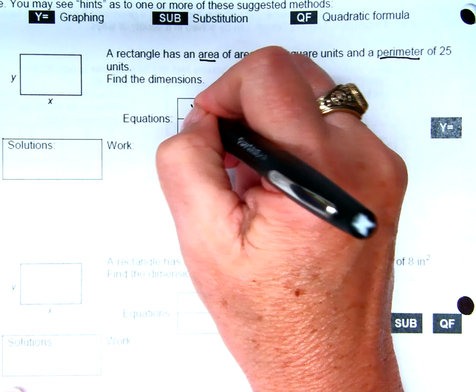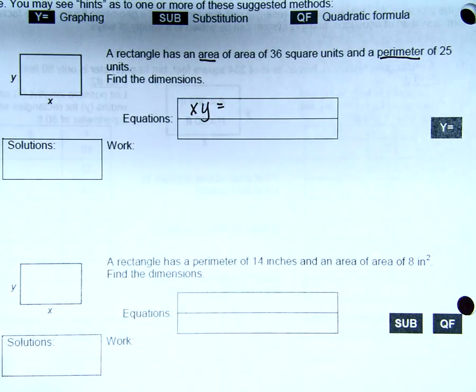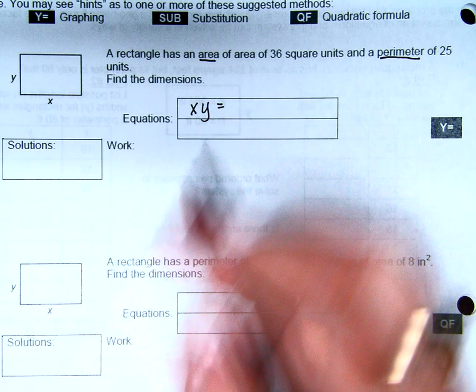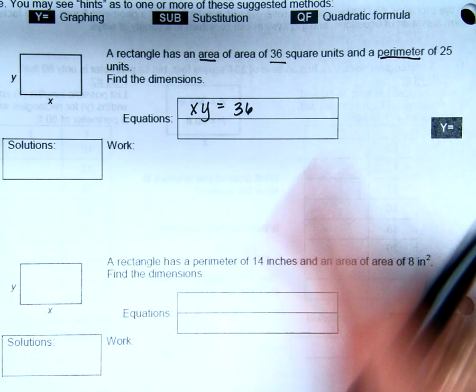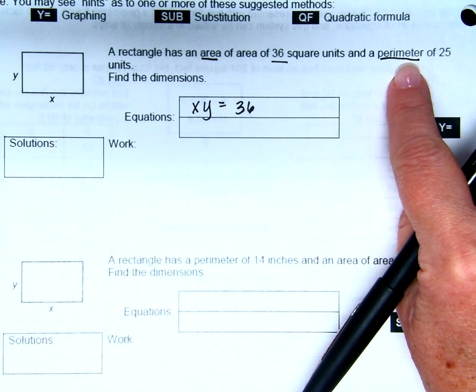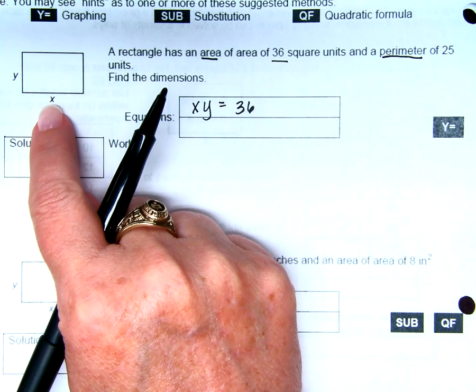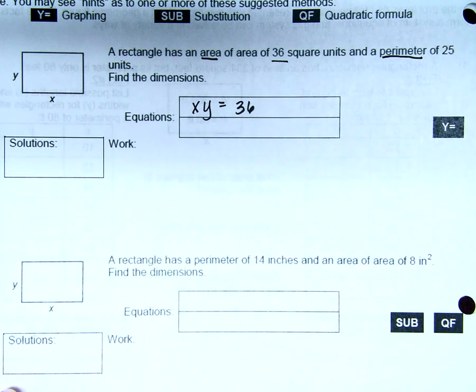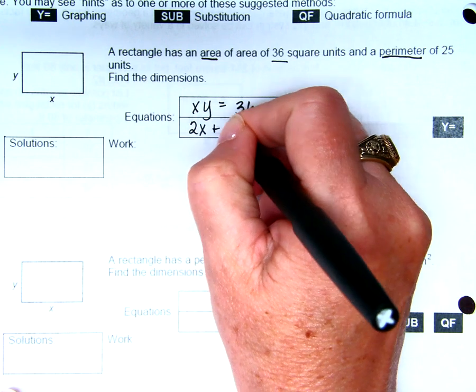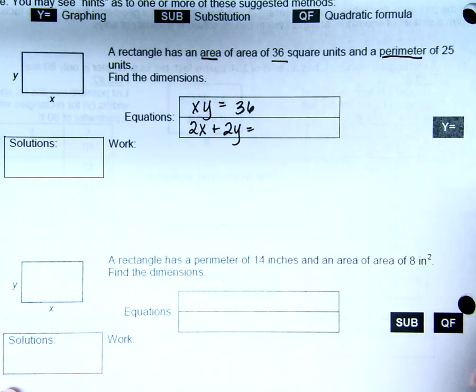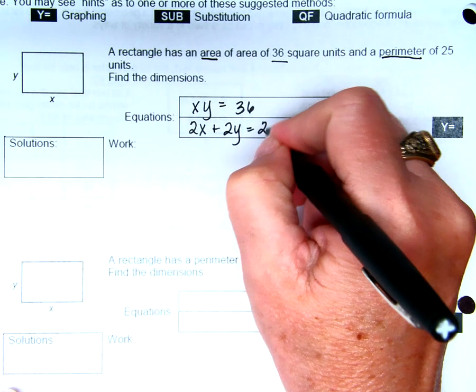So x times y should equal what? 36. It tells you that in the sentence, doesn't it? Okay. And what about perimeter? Do you know how to find perimeter of this? How? So 2x plus 2y equals 25, right?